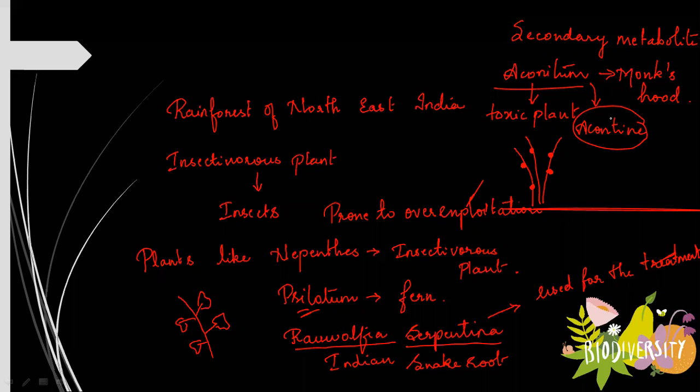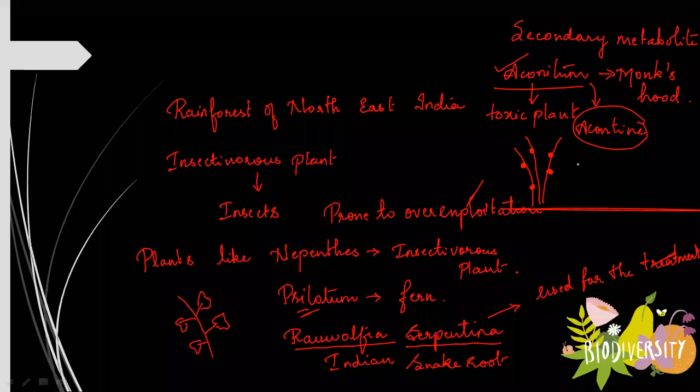But we get a secondary metabolite, a toxin from it, that is aconitine. Aconitum, known as monk's hood, gives this aconitine secondary metabolite. It is a toxic plant, and this is also prone to over exploitation.